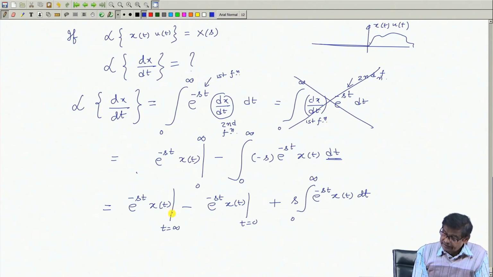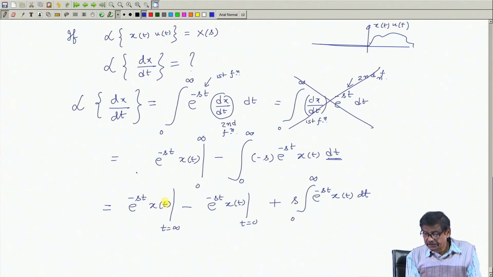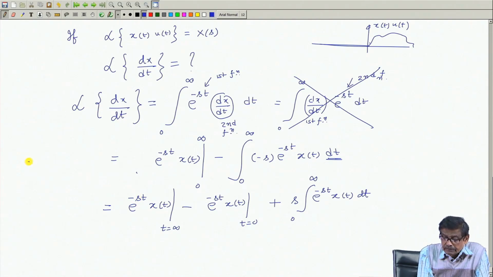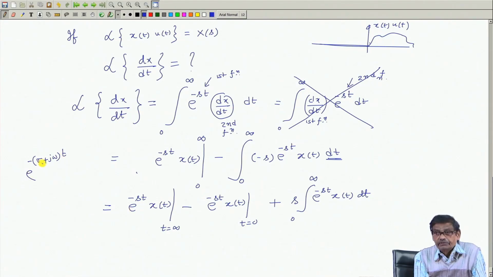Now, once again, if I want to evaluate this function for t equal to infinity, as I told you, this s means sigma plus j omega, so e to the power minus sigma t times e to the power minus j omega t. This you have to evaluate at t equal to infinity.